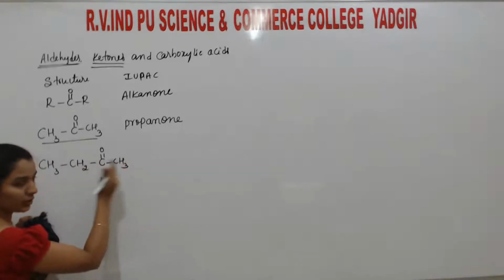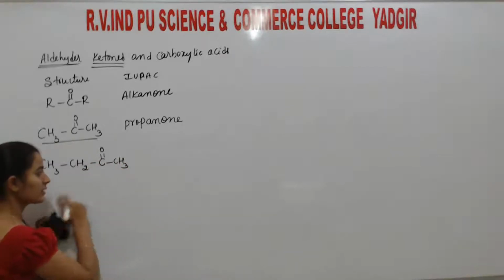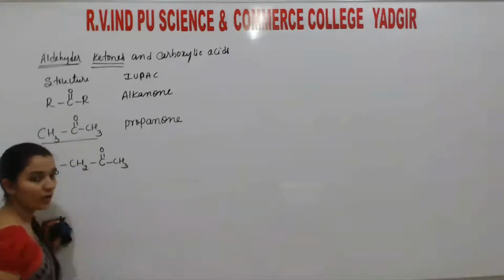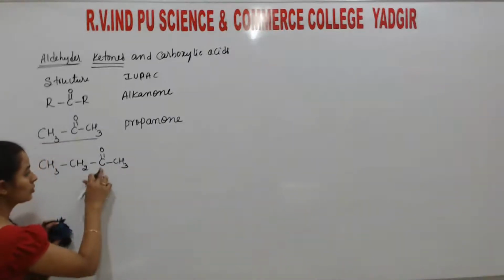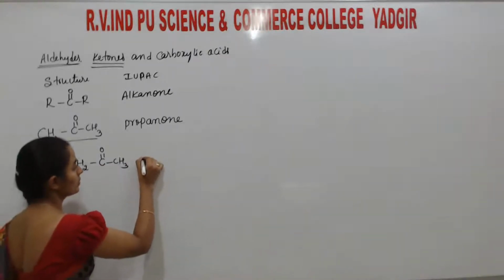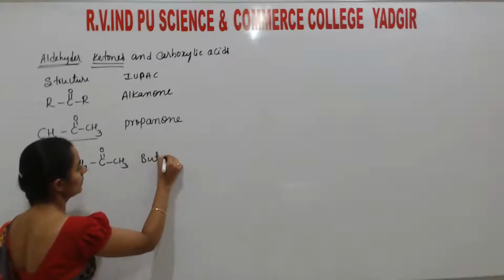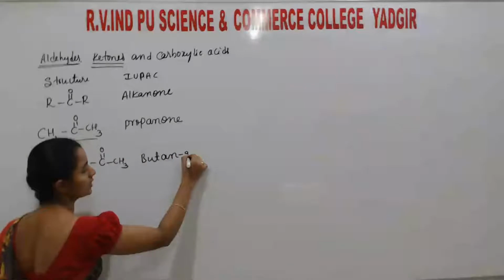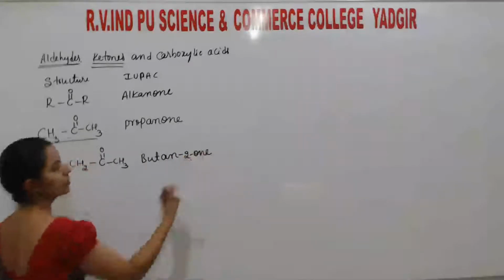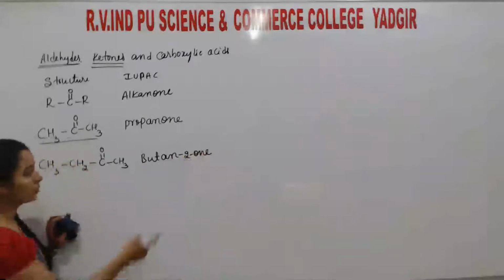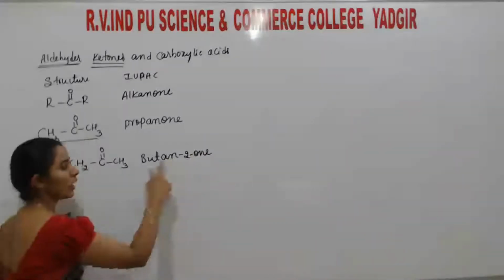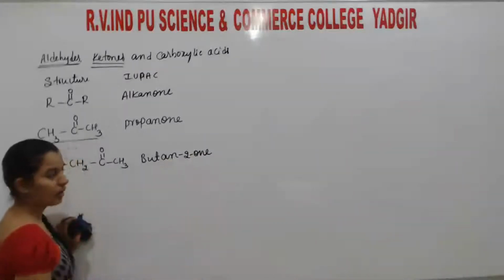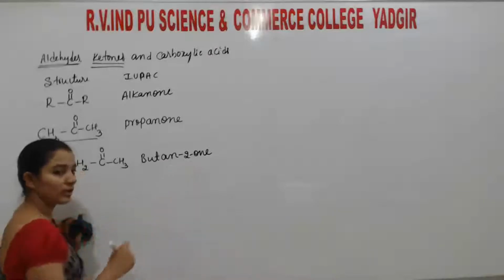So right to left is the correct way, because this is the main priority group which should get the minimum value. So 2 is there. So you have to write butane. Okay, last E is replaced by ONE. The position of that ketone group is 2. Butanone you may say, or butan-2-one. That is also correct.